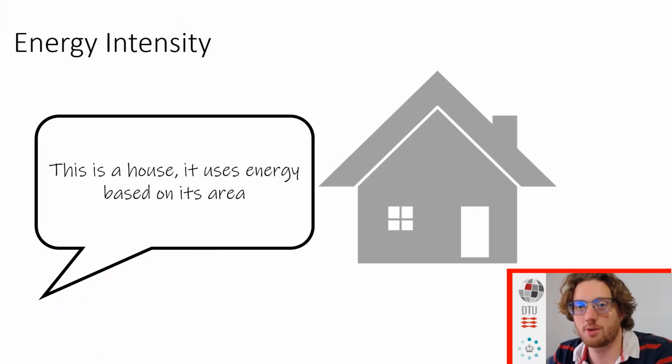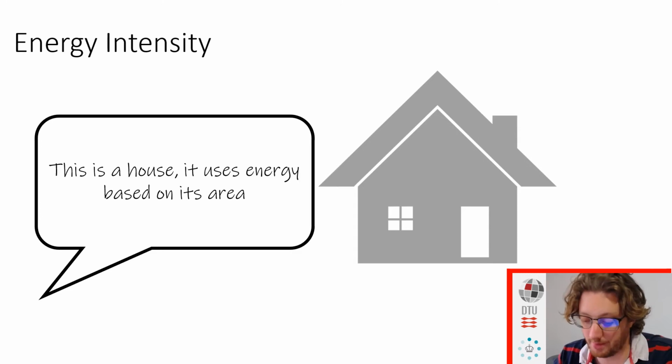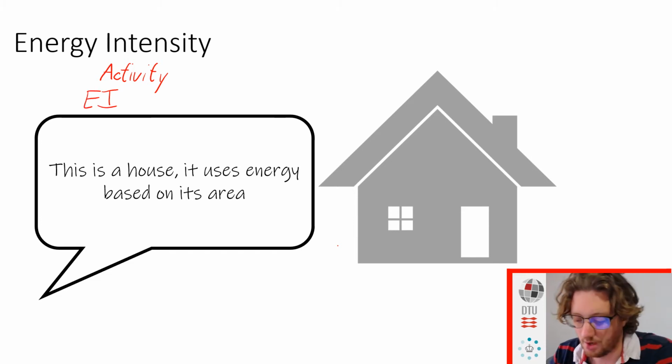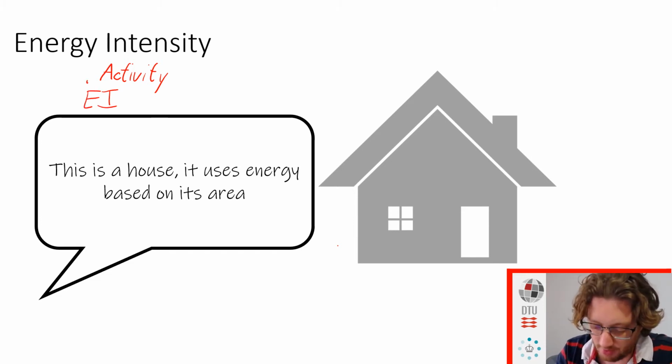As a slightly more complex methodology for analyzing energy demand, we have the energy intensity method. The energy intensity method works with two parameters, specifically the activity of the demand and the energy intensity, EI. Those multiplied together equals the energy demand.